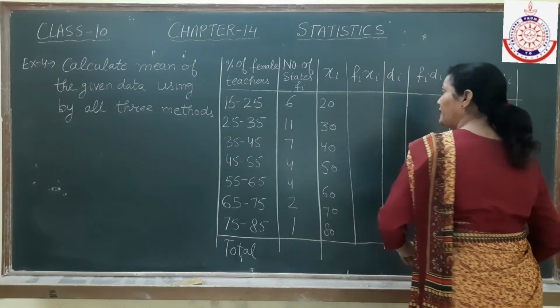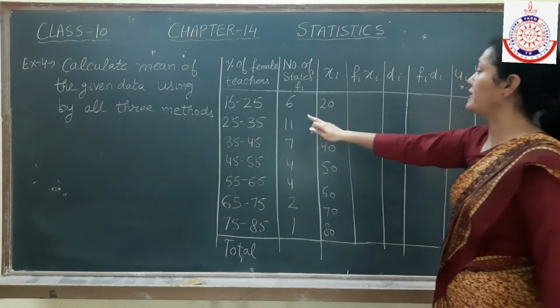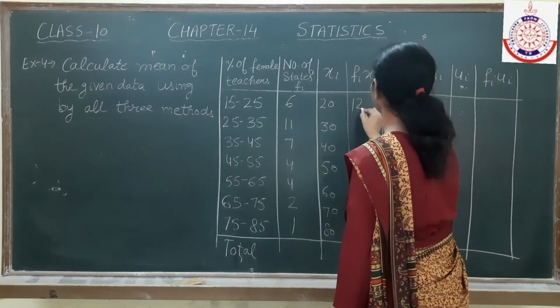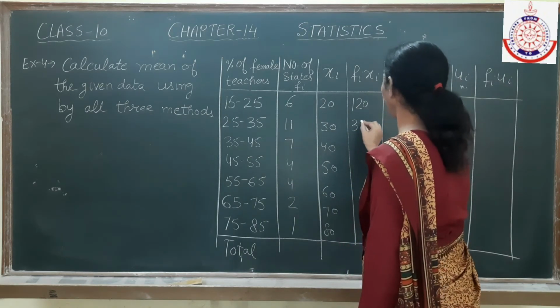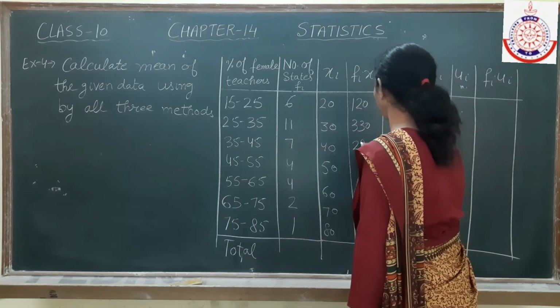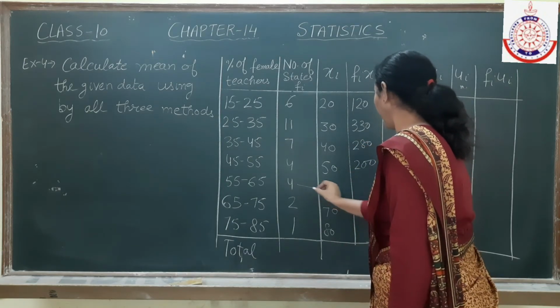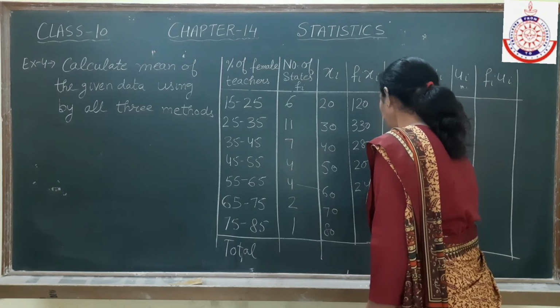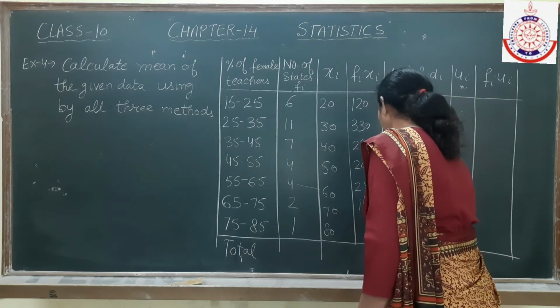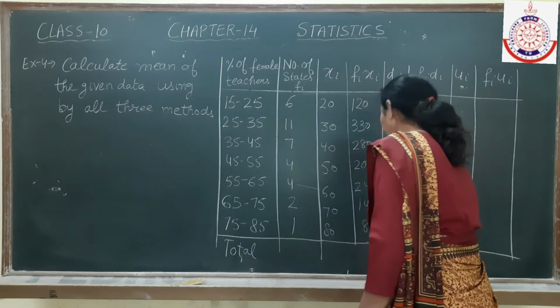So starting one by one, first of all Fi xi: 6 into 20, 11 into 30, 7 into 40, 4 into 50, 4 into 60, 2 into 70 and 8 into 80.